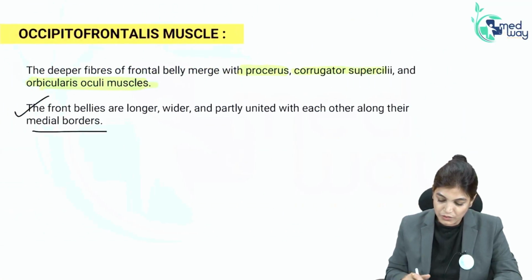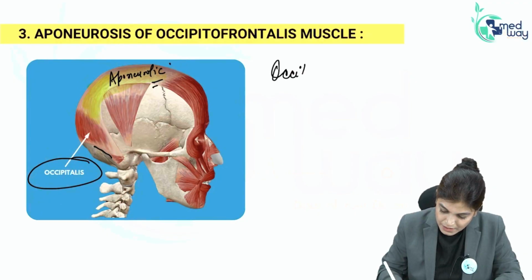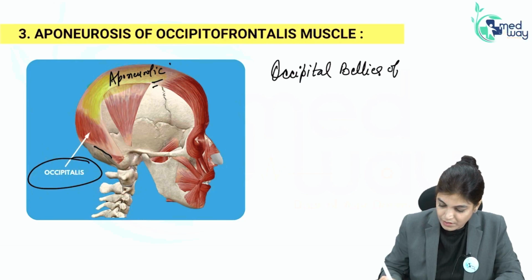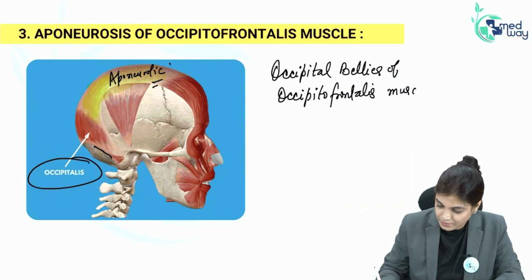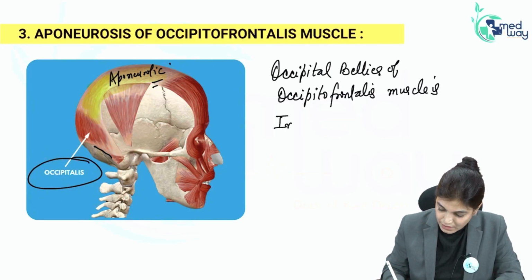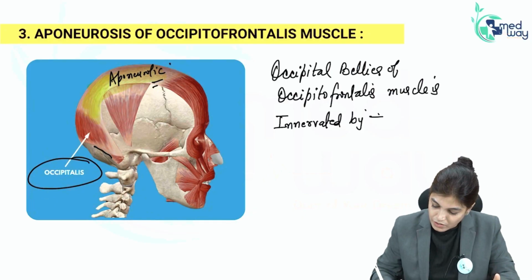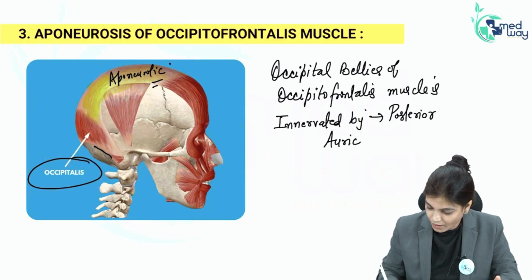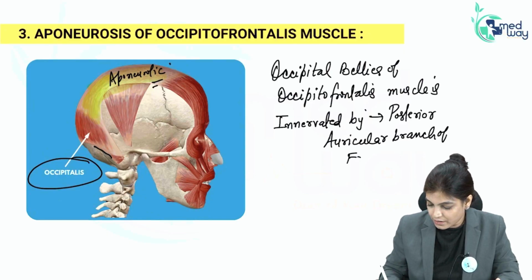Then we'll be moving to the next. So here you can just write down: occipital bellies of occipitofrontalis muscle is innervated by posterior auricular branch of facial nerve.